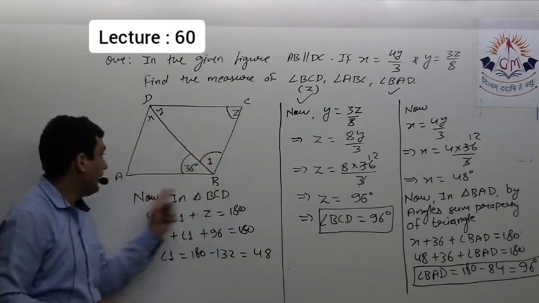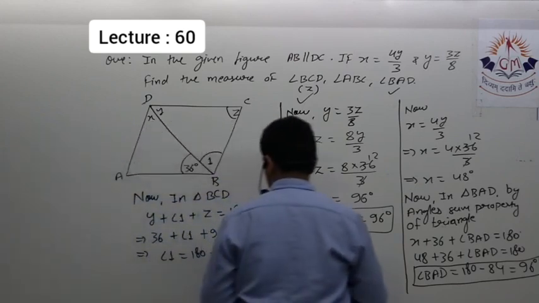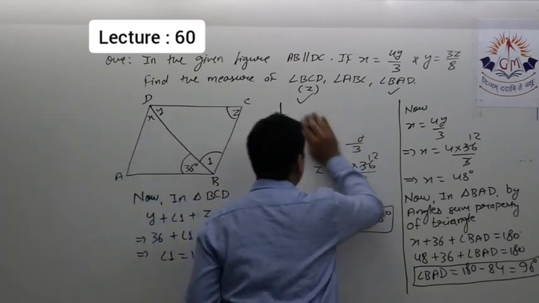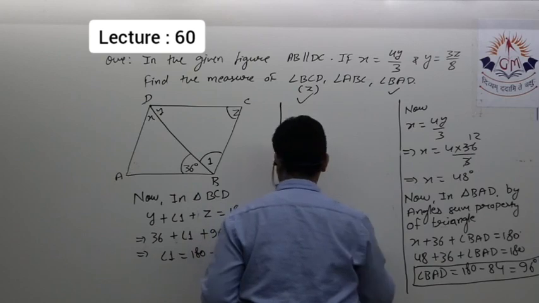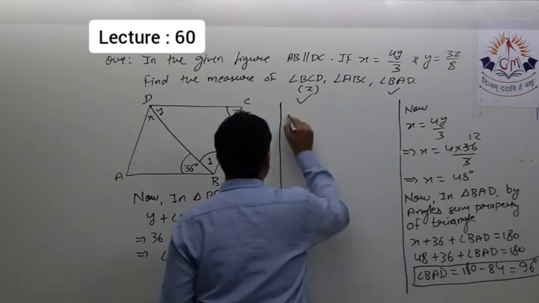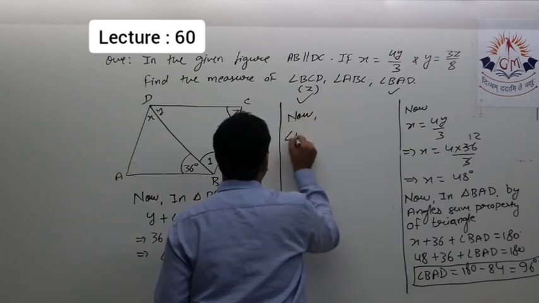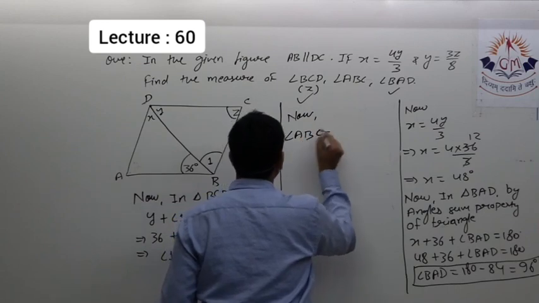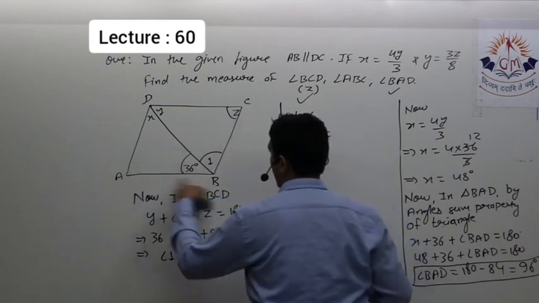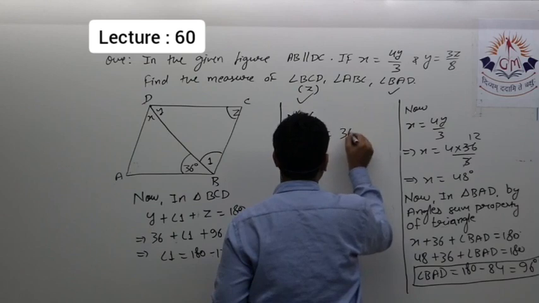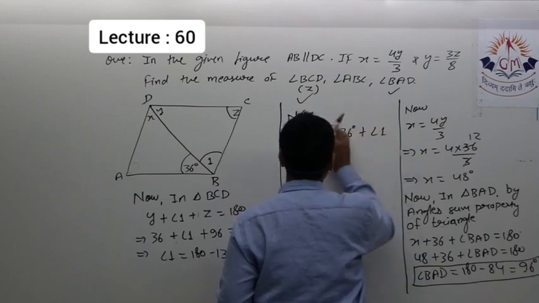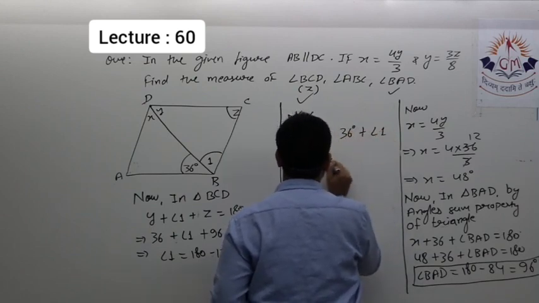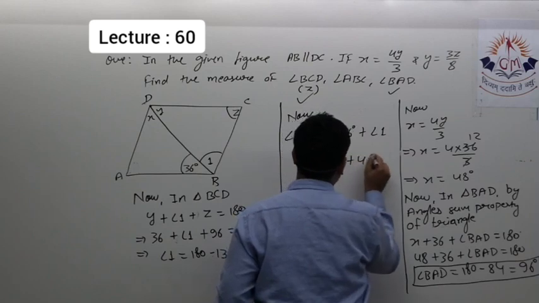Now after obtaining angle 1, I will be able to find the measure of angle ABC. So angle ABC is equal to 36 degrees plus angle 1, so 36 degrees plus 48 degrees.